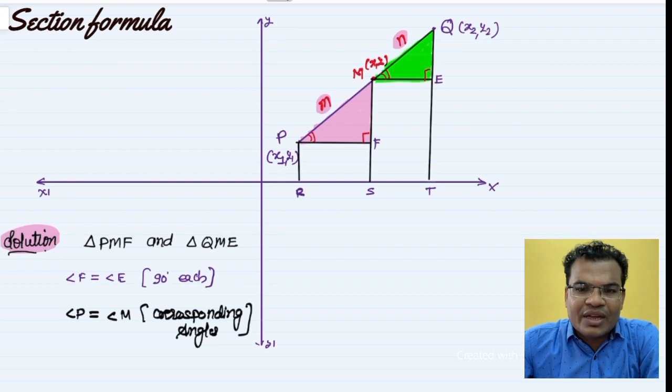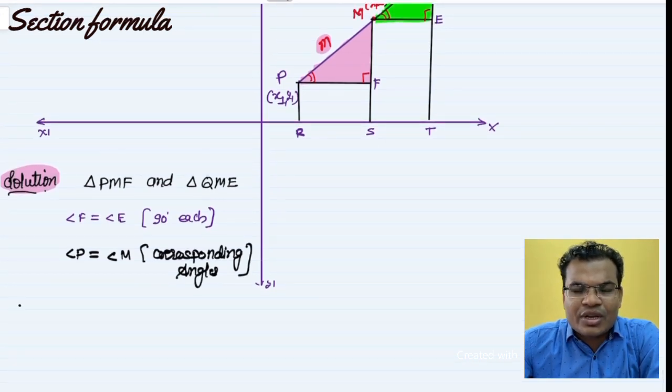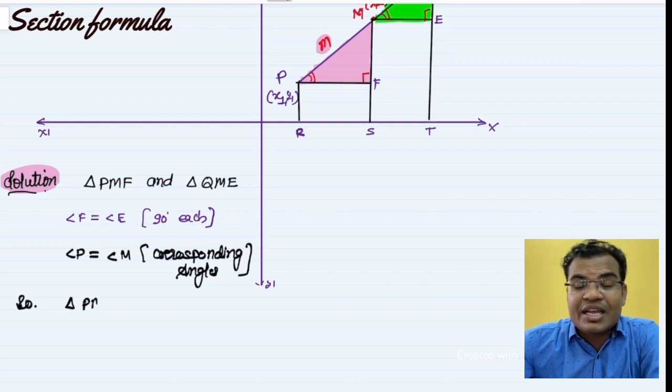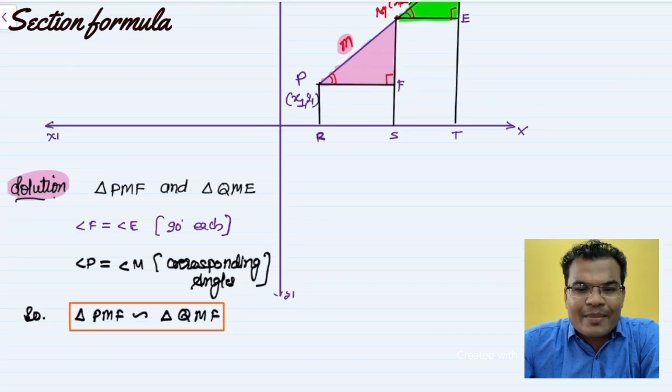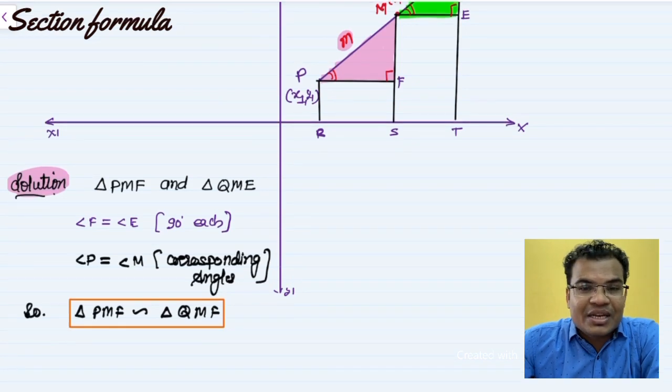If you know very well, in the last chapter we did triangles. You have some idea that two triangles are similar by the angle property. So here also PMF and QME are similar. Why? Because of the angle property.